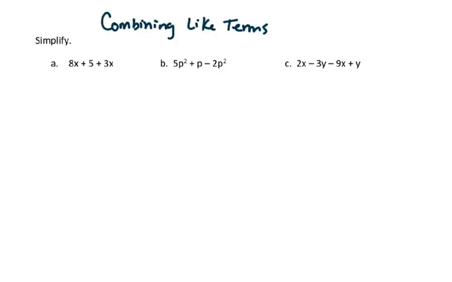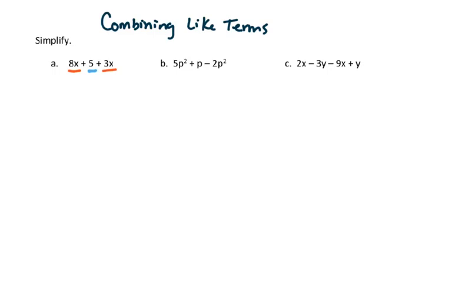We are going to wrap up this video with combining like terms. The idea behind like terms is that we have the same letter, the same variable, and the same amount of that letter with the exponent. So when I look at a problem like A, these guys have x's, and this one does not.